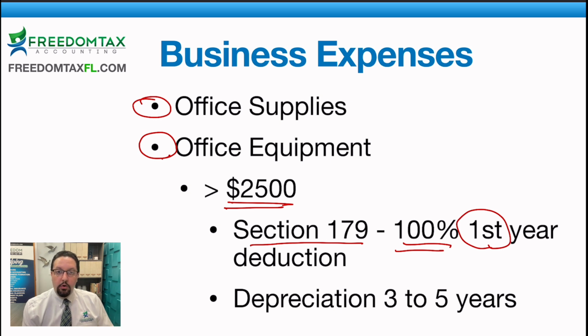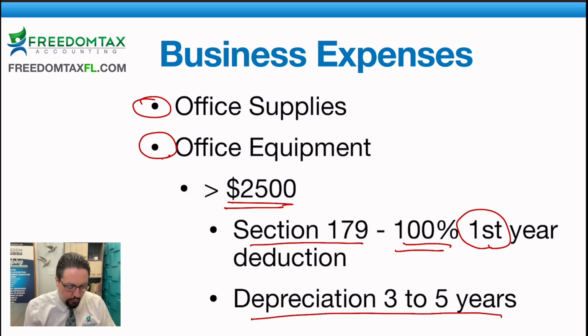Okay? Or if you have equipment that's over $2,500, you have to depreciate it over 3 to 5 years.